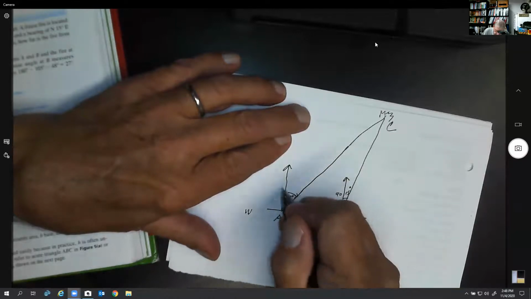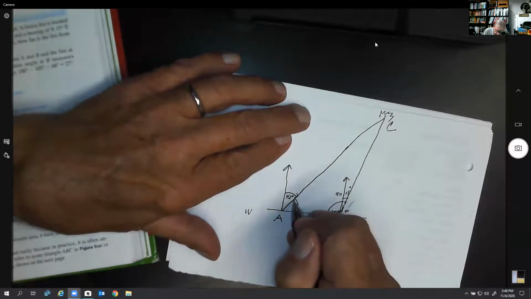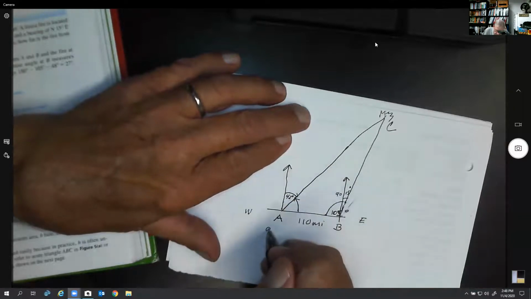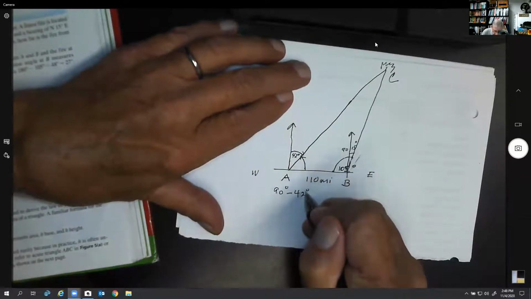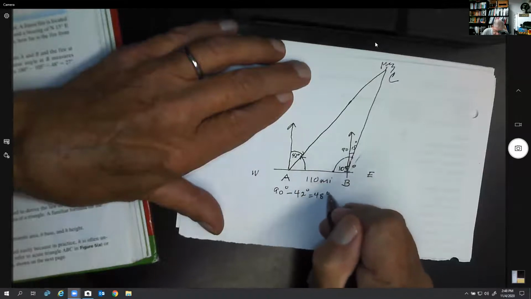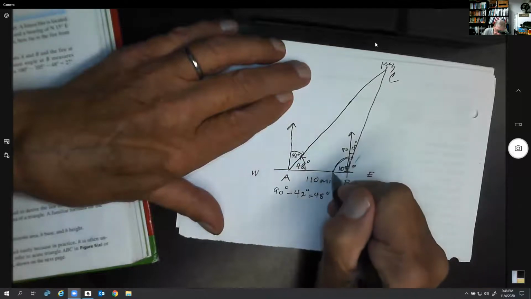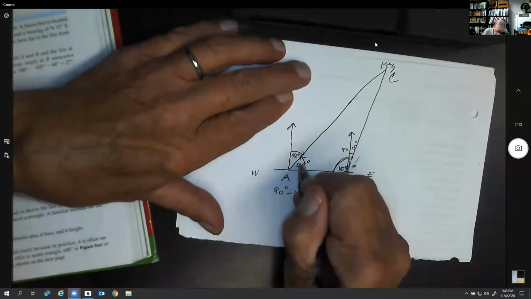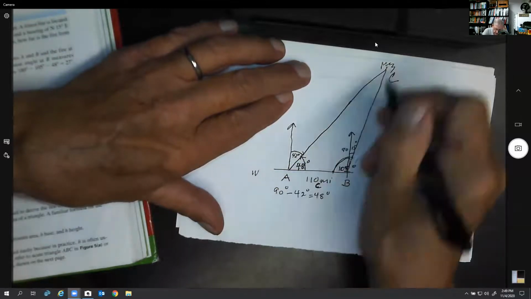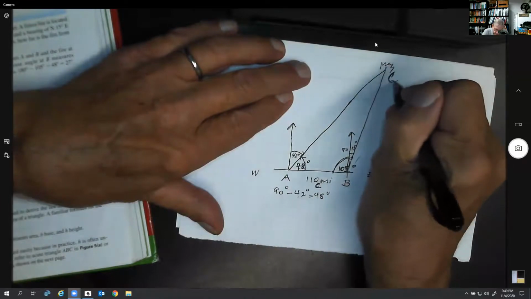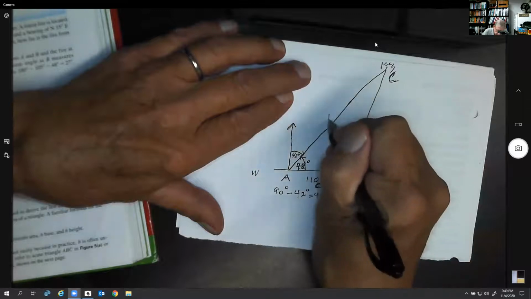These two angles right here have to form a 90 degree angle. So 90 degrees minus 42 degrees is 48 degrees. So this is angle A. We're looking inside the triangle. So angle B is 105. This is 48. And we know little c right here is 110 because it's opposite angle C. This would be A. This would be B.